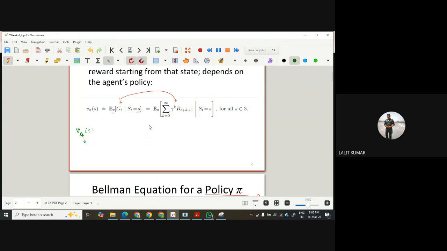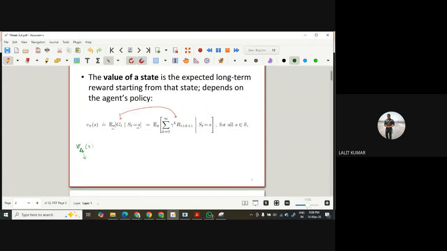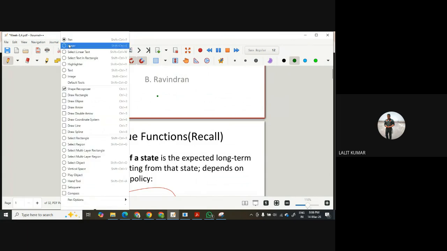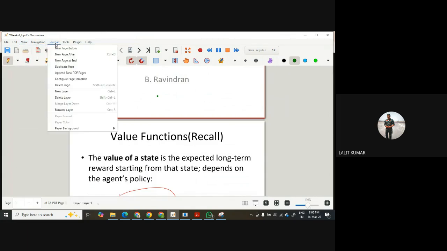So we come to the first, value function. Value function basically, I will just give you an example here only. I will add a fresh page, a new page.